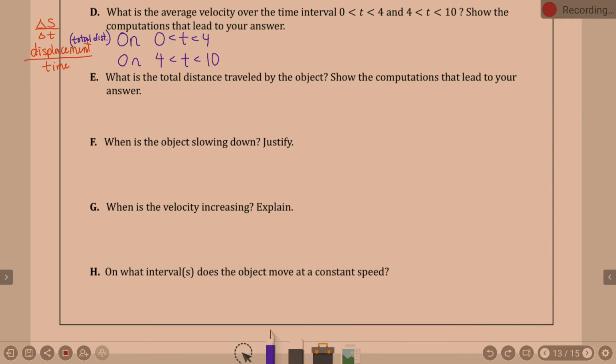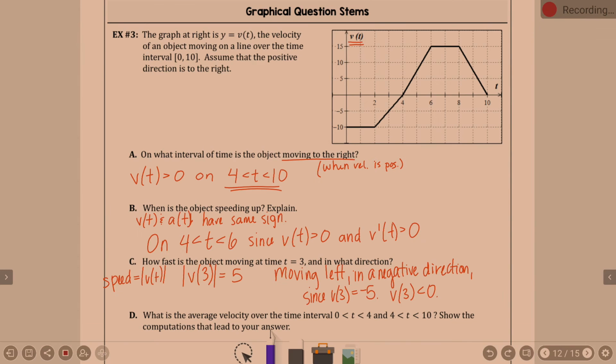Again, we have a velocity graph here, so you are indeed looking at the area. From 0 to 4, we need to talk area under the curve.